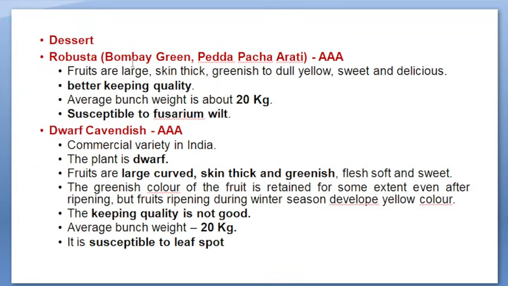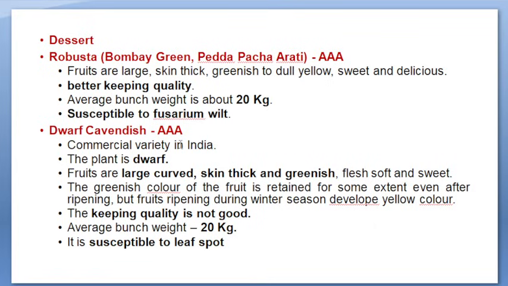Robusta has an AAA genome, that is, it belongs to the Acuminata group, has very good keeping quality, and we can expect around 20 kg per plant. But the drawback of this variety is that it is susceptible to Fusarium wilt. Fusarium wilt is one major problem in banana cultivation. Along with it, some other diseases also occur. I will be discussing them in the coming slides.